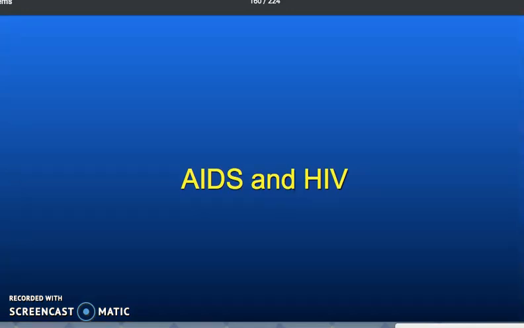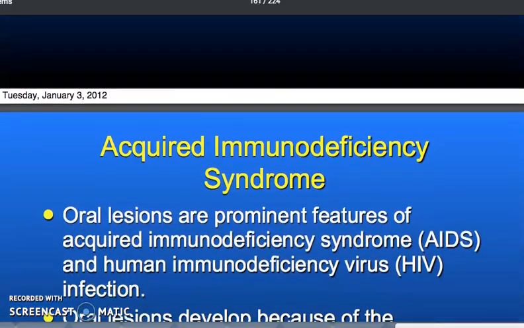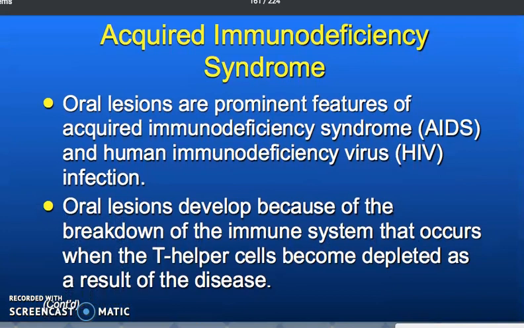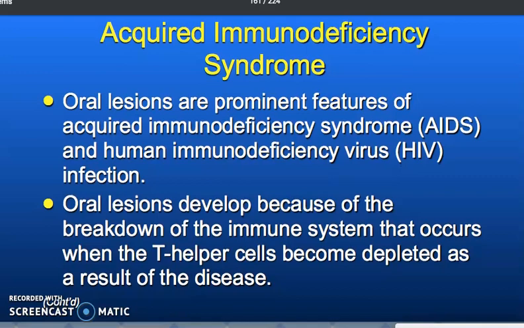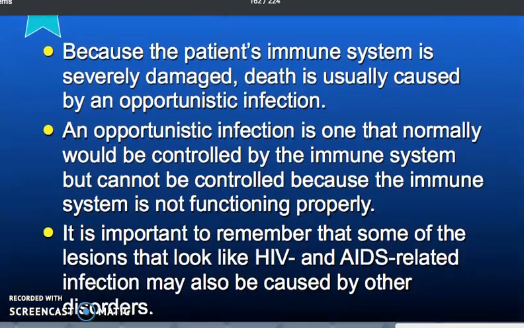Okay, so AIDS and HIV, a lot of times that is first recognized in the mouth also. So we all know that it's an acquired immunodeficiency syndrome. You can have lesions in the mouth because it's a virus. They develop as they break down the T helper cells. So because the patient's immune system is damaged, death is usually caused by an opportunistic infection.